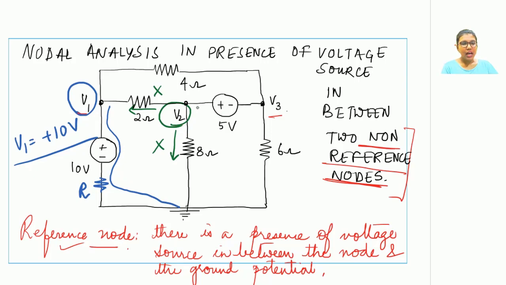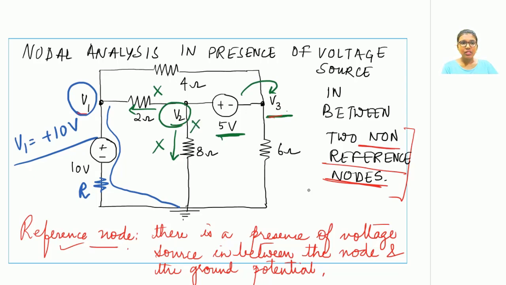But yes, I could see a voltage source present on the right hand side of V2. So if this voltage source is connected to ground, then V2 can be called a reference node. So let us see whether this 5 volts is connected to a ground potential or not. Unfortunately, this 5 volts is connected to another node which is V3. And V3 is not at ground potential. Hence, V2 does not qualify to be a reference node.